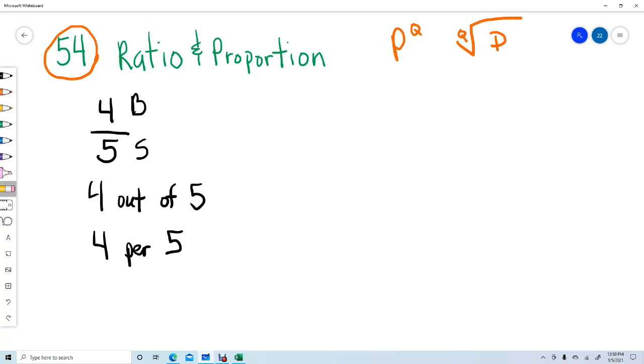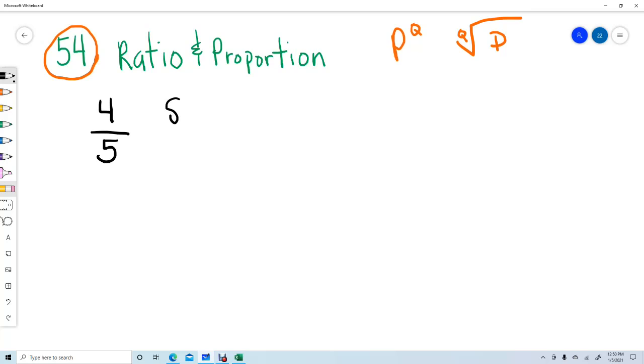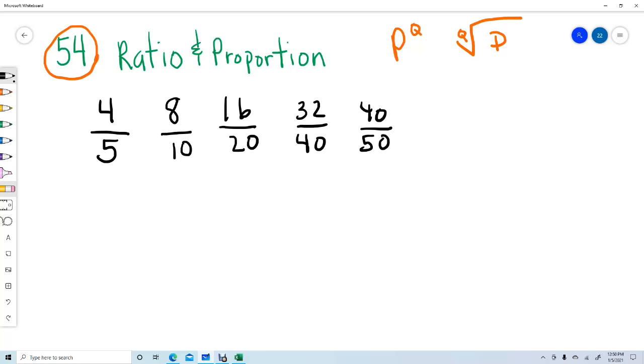For any given ratio, and we're still using the ratio 4/5, there are a lot of equivalent ratios, like 8/10, like 16/20, like 32/40, or how about 40/50? All of those represent the same amounts.